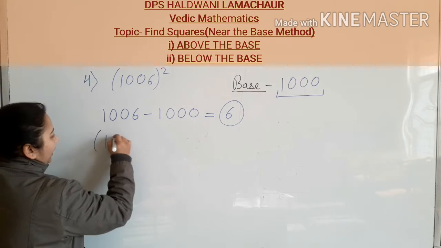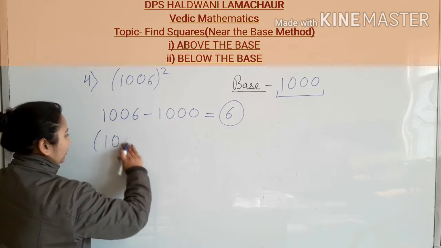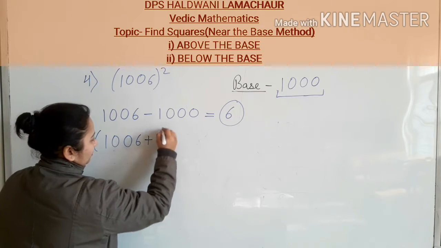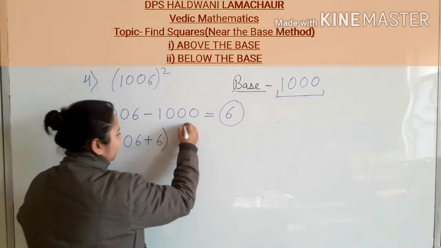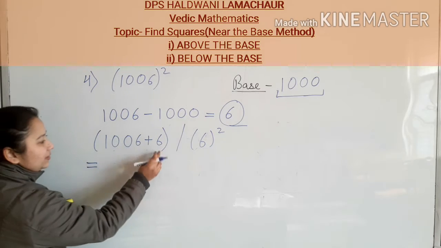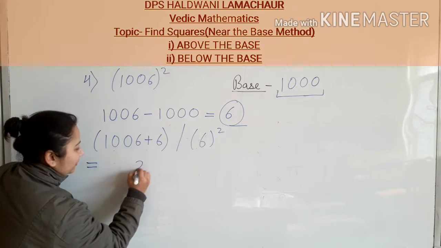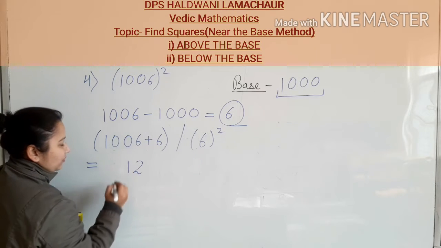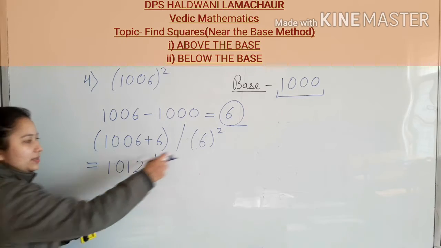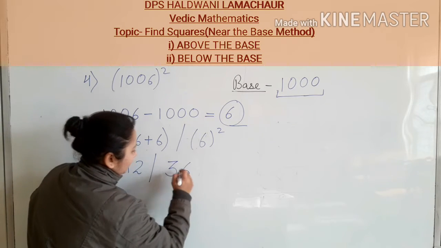First of all add 6 to your number, then square your number. Now add. See 6 plus 6, 12, 2, 1 carry, 0 plus 1, 1, 0, 1. Now slash. Now 6 6s are 36.